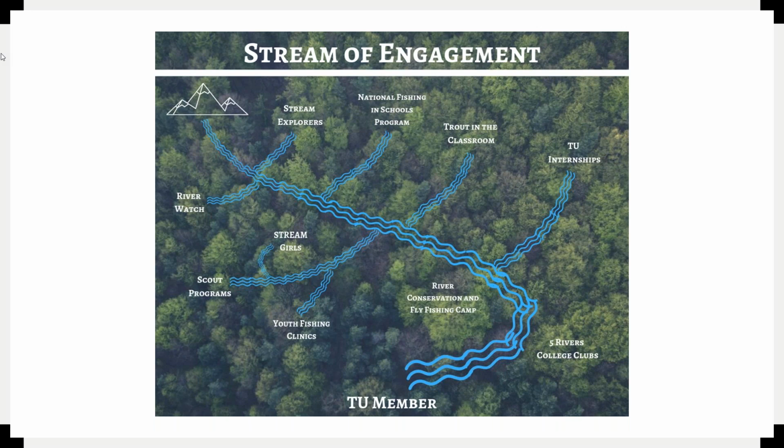I also wanted to quickly go over Colorado Trout Unlimited's youth programming as a whole. Our Headwaters Youth Program is designed to educate Colorado's next generation of conservation-oriented anglers. Using a stream of engagement delivery model, CTU and its local chapters provide Colorado youth with a diverse set of experiences commensurate with age and ability that span watershed science, stewardship, and fly fishing.